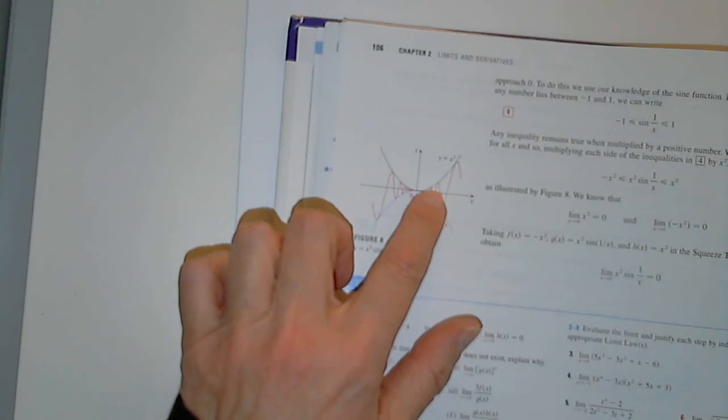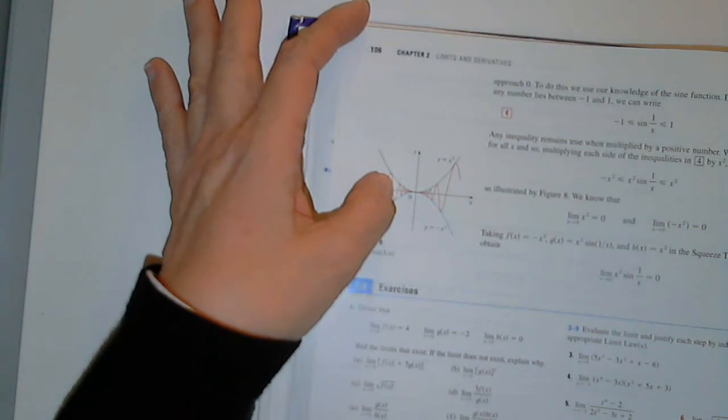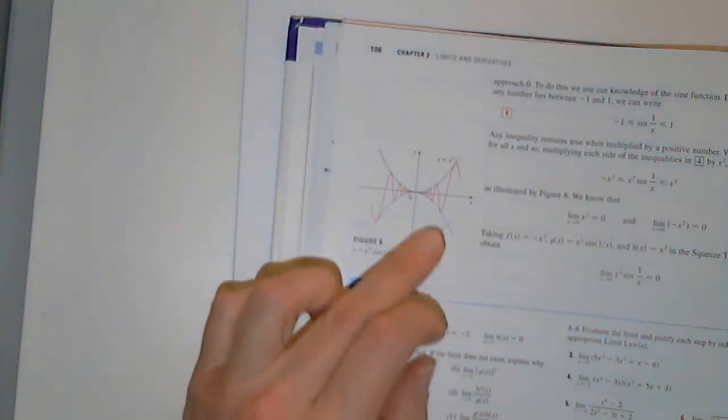Sometimes, and I'll show you an example in a minute, it's very difficult or impossible for me to determine the limit of the red function as x approaches, in this example, 0. It doesn't have to approach 0. But let's say it approaches 0 from the left and from the right. If you look at the graph, you'll say, oh, but look at the graph, it's 0. True. But we have a theorem that helps us with this situation.